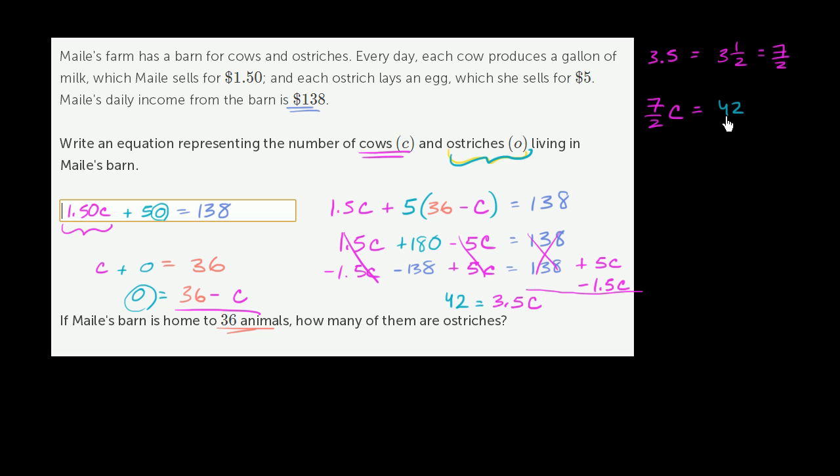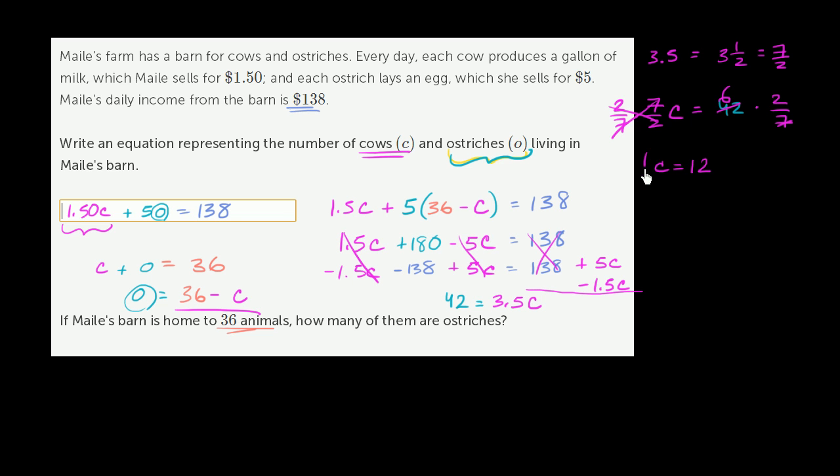Or if we multiply both sides times the reciprocal of 7 halves, we can multiply both sides times 2 sevenths. So we get C is equal to 42 divided by 7, which is 6. So 6 times 2 is 12.